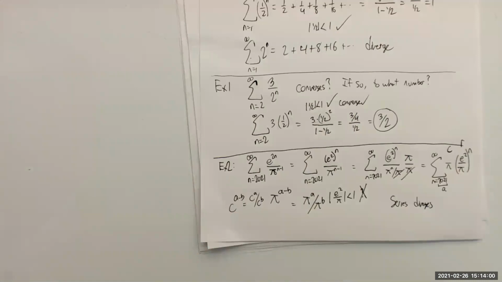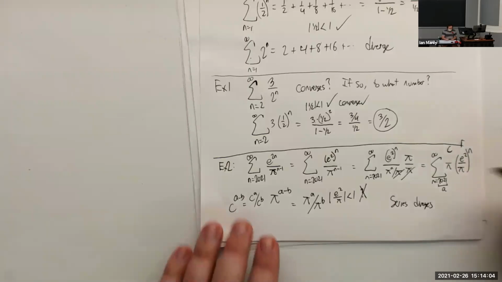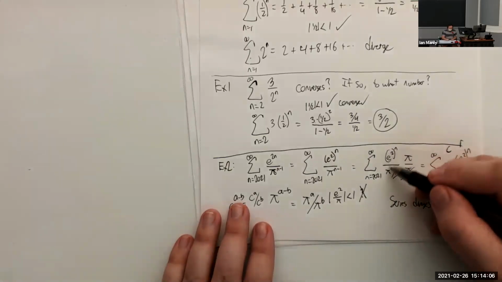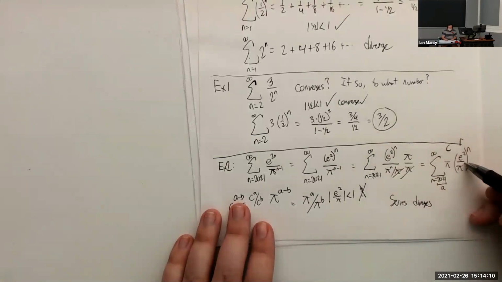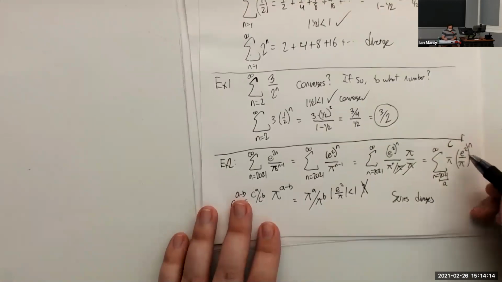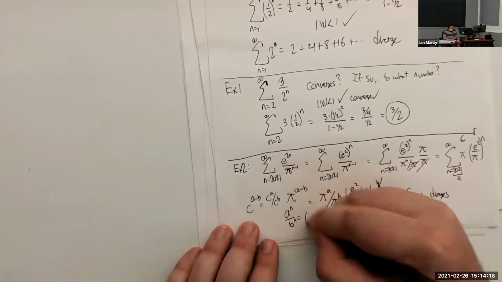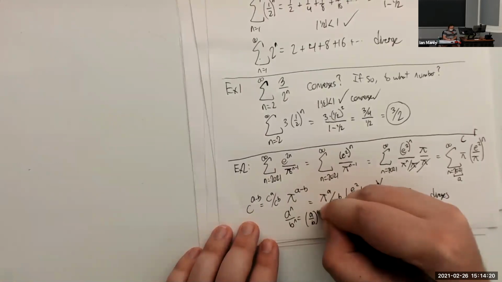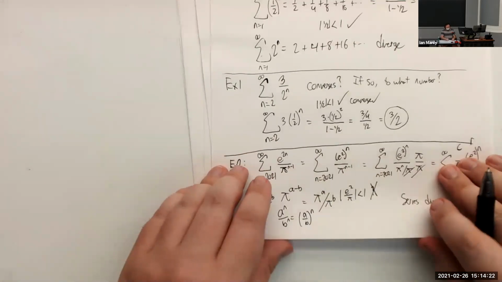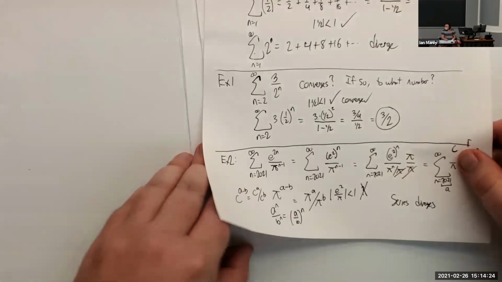How did that simplify to e squared over pi to the n? Because these were both to the nth power. So if you have two things that are both raised to the same power, you can combine them into one fraction. So a to the n over b to the n is a over b to the n. All right. Thank you.